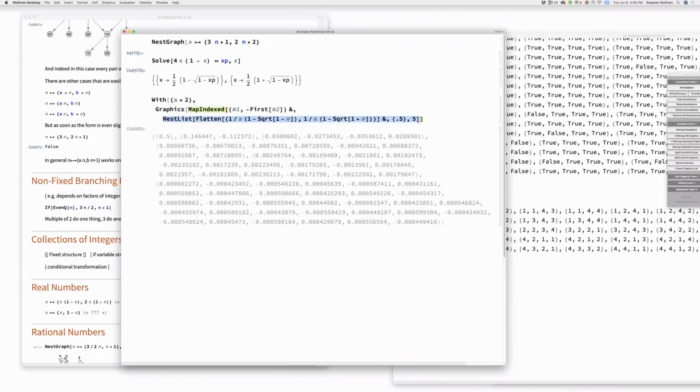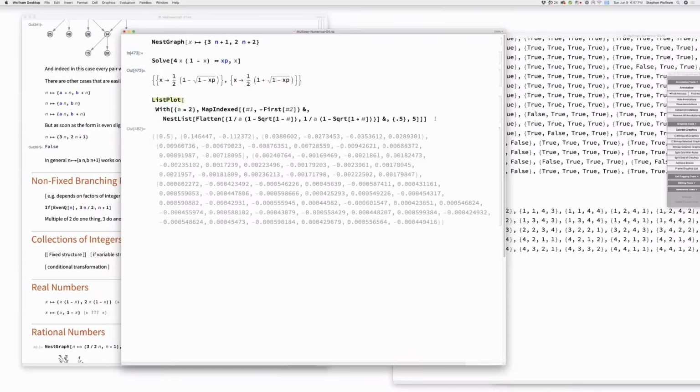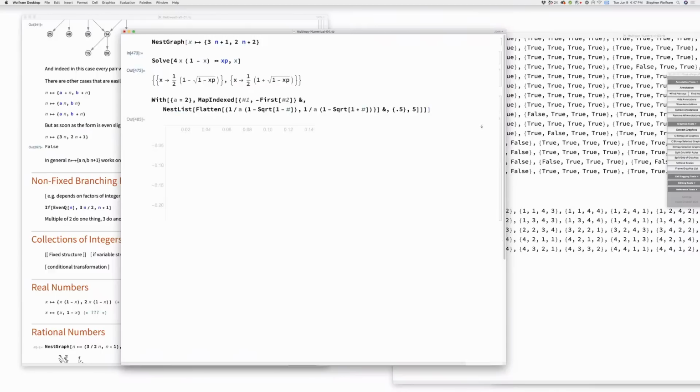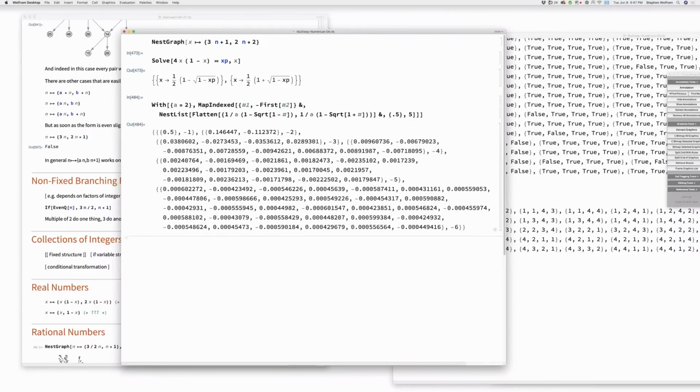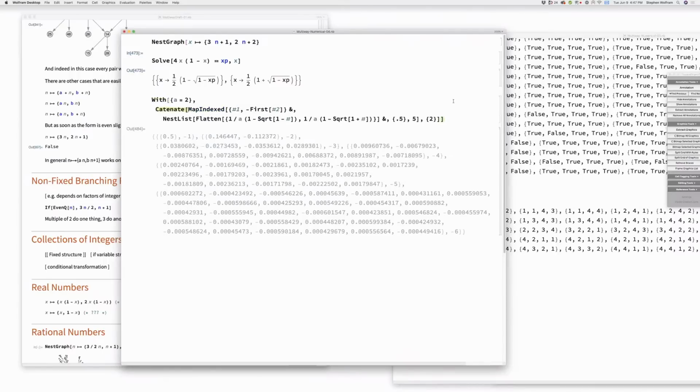Let's not do graphics, let's just do list plot. What did I do wrong? A equals 2. Oh, silly me. Yeah, it's a little tricky. Okay, so we got to do this map indexed at level 2, and then we've got to concatenate that, I claim.